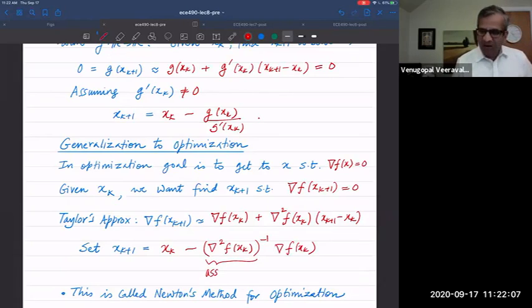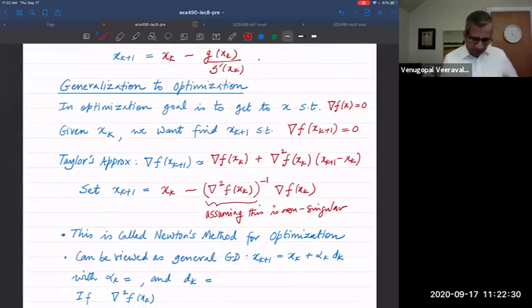Of course, we'll discuss a little later what happens when you apply Newton's method and you end up with a Hessian that is singular, not invertible. So we're going to assume that this is not singular for this iteration. So this is Newton's method for optimization.